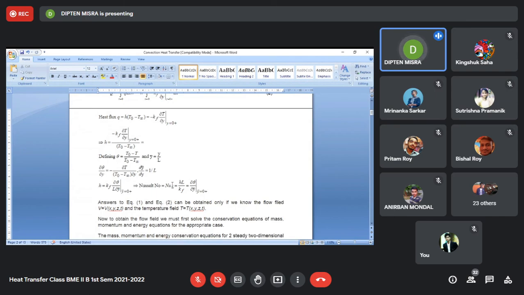You don't require to find out this, but if you know Nu, you can find out H as simply Nu into Kf by L. So the question is, how do we find out the value of H? That is the subject matter of interest for convection heat transfer. This will continue in our next class. Okay, let me stop over here.